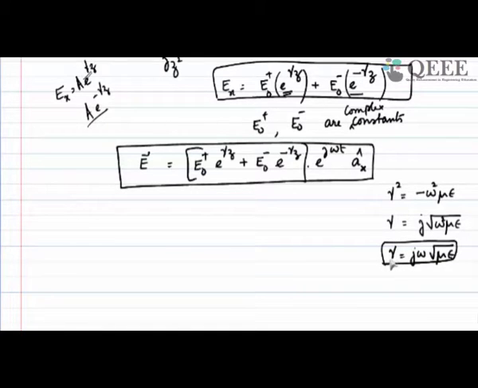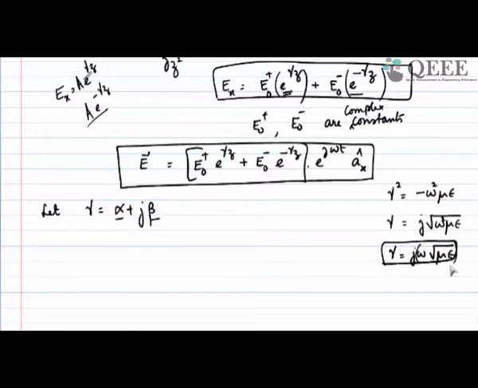This is what gamma is. So let me say, in general, let gamma be alpha plus j beta. In general, gamma is a constant complex number. It has a real part alpha and an imaginary part beta. And of course, in this case, it has only an imaginary part. It doesn't have a real part.